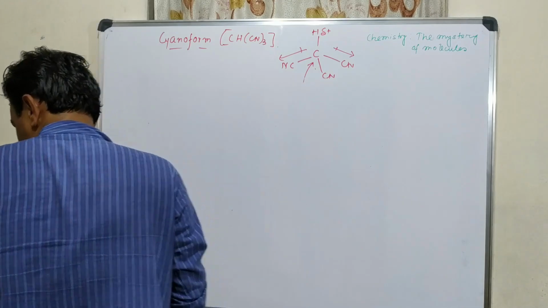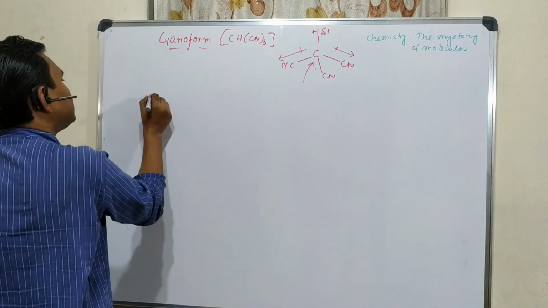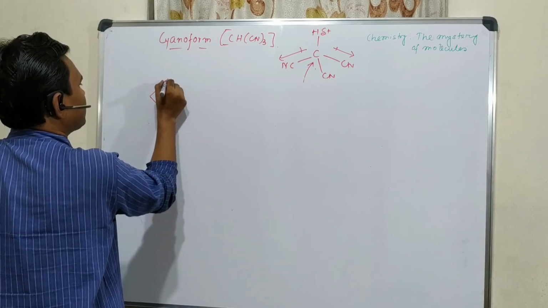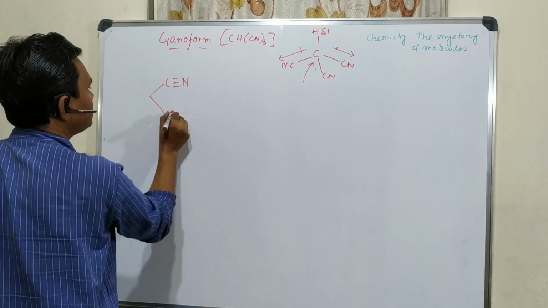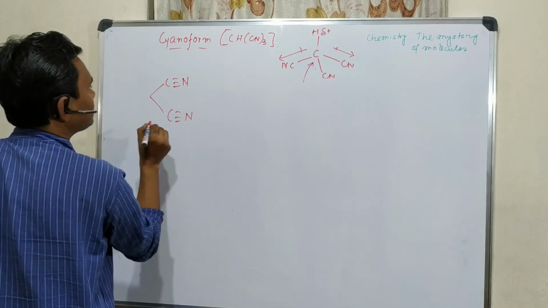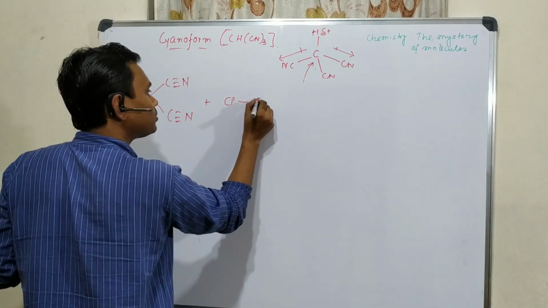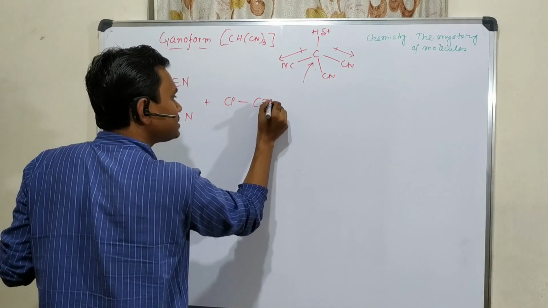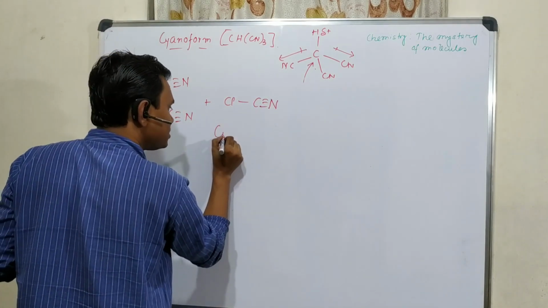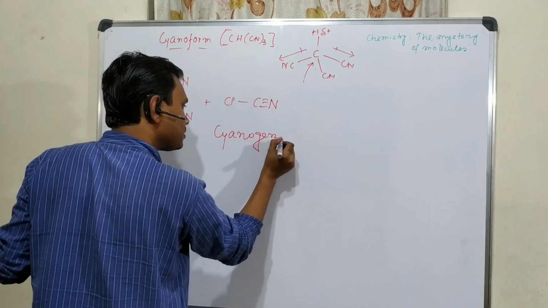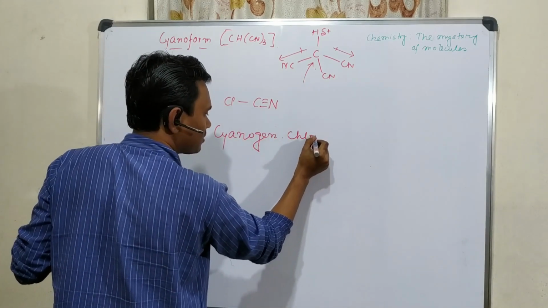What is it? That is this malononitrile. This malononitrile, just as I have explained, plus chloro, means cyanogen chloride. Keep the name in mind, cyanogen chloride.